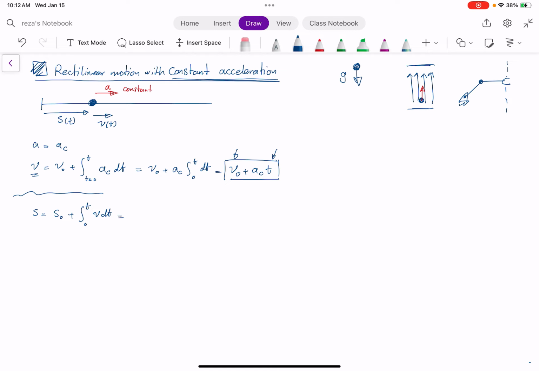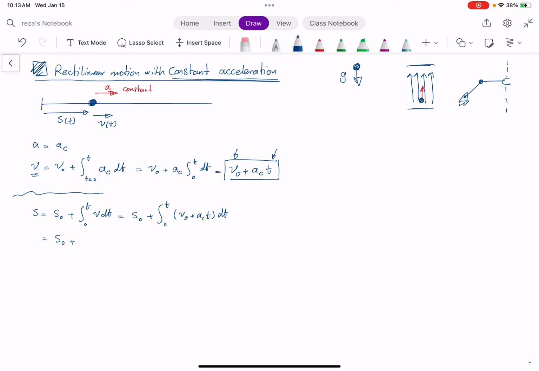I have the expression for velocity from up there, so I can write S naught plus the integral from 0 to t of (v naught plus A_C t) dt.